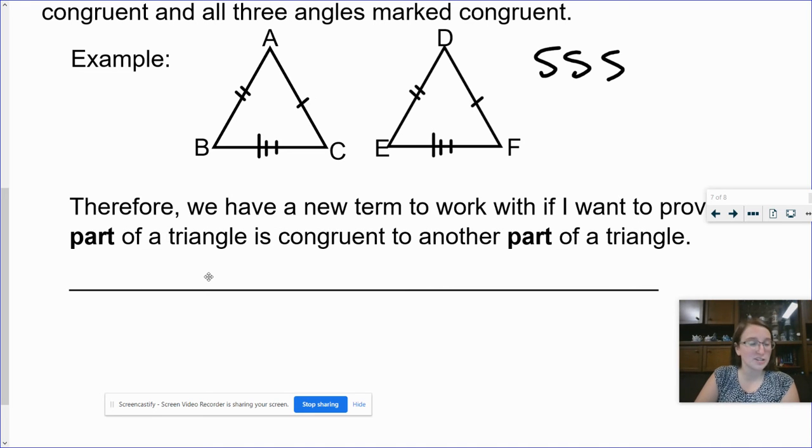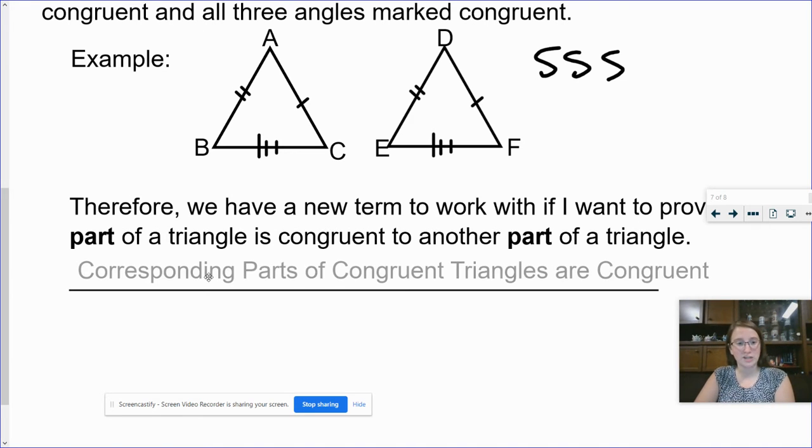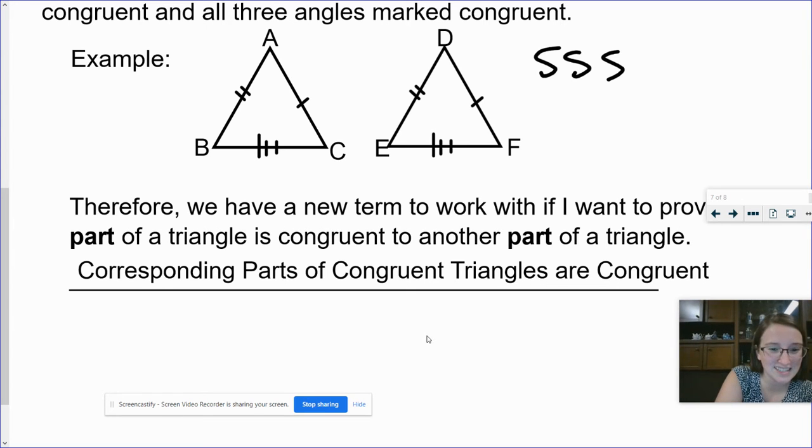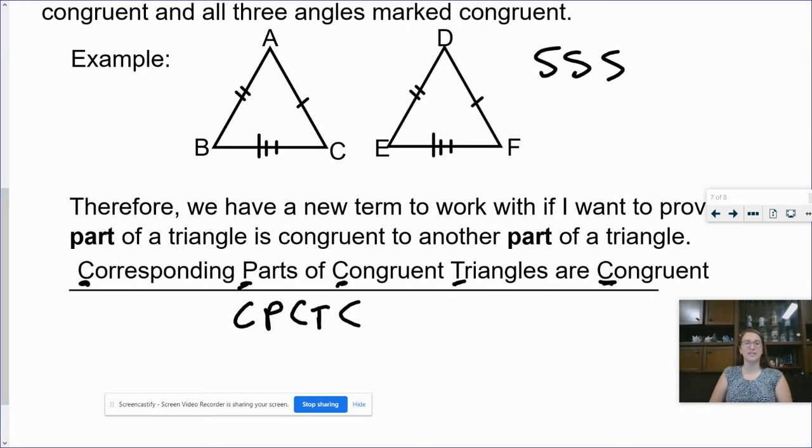This is a long term, so we're going to shorten it to an abbreviation. Corresponding parts of congruent triangles are congruent. We abbreviate this to CPCTC.